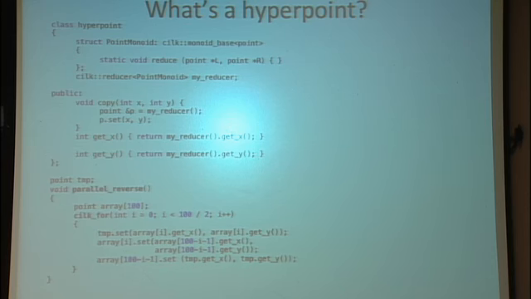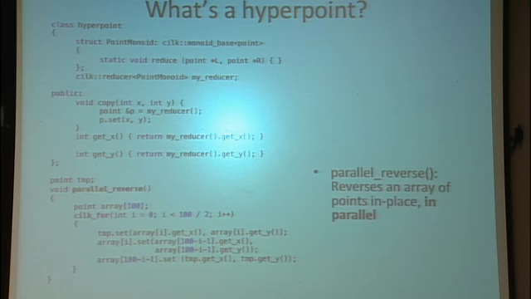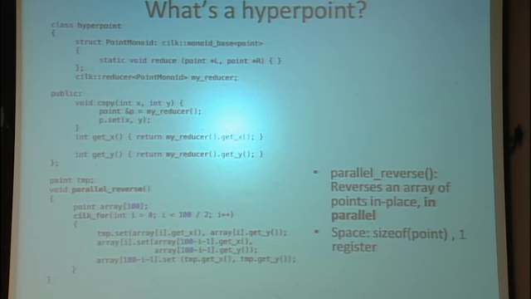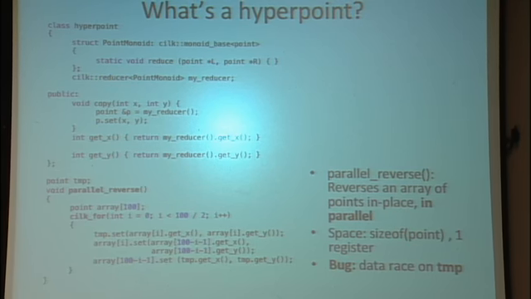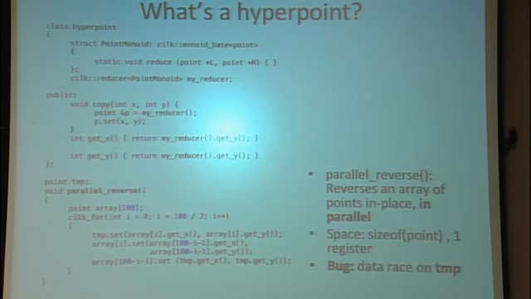So I call it parallel reverse, and I replace for with Silk for. So am I done? What's wrong with my code? Yes. Well, first, it takes the same amount of space, but there's a data race on temp because multiple threads could be updating temp.